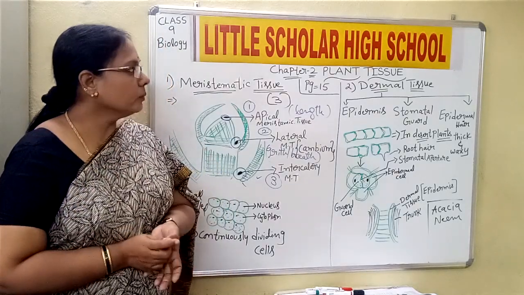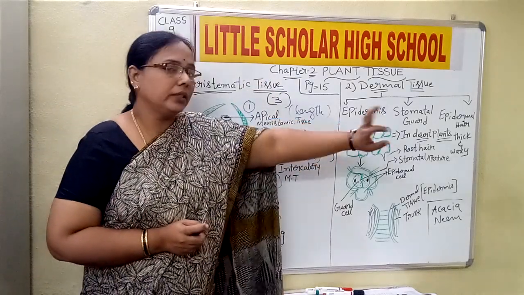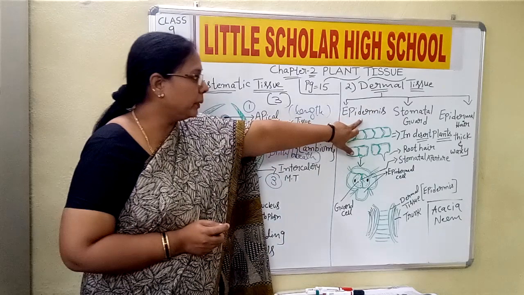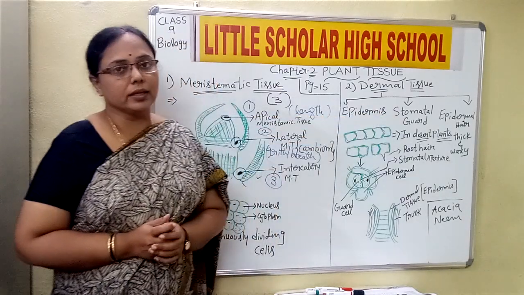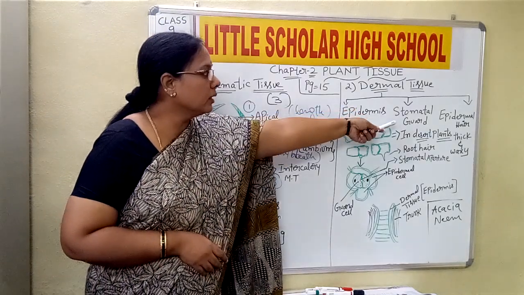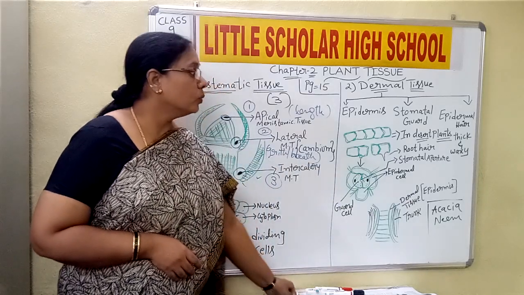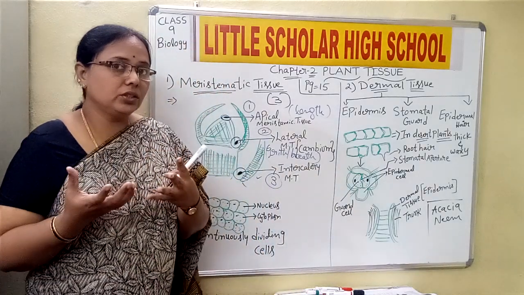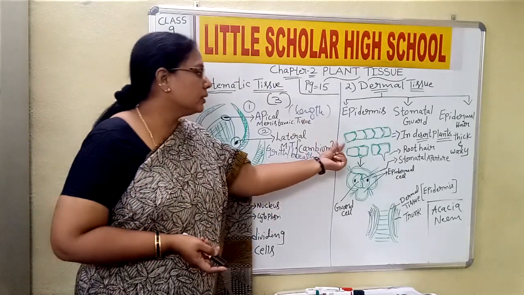Okay children, now this dermal tissue is again divided into three types. What are they? Epidermis, stomatal guard, and epidermal hair. Now what is the structure of these cells? Yes, these cells are a little thick.